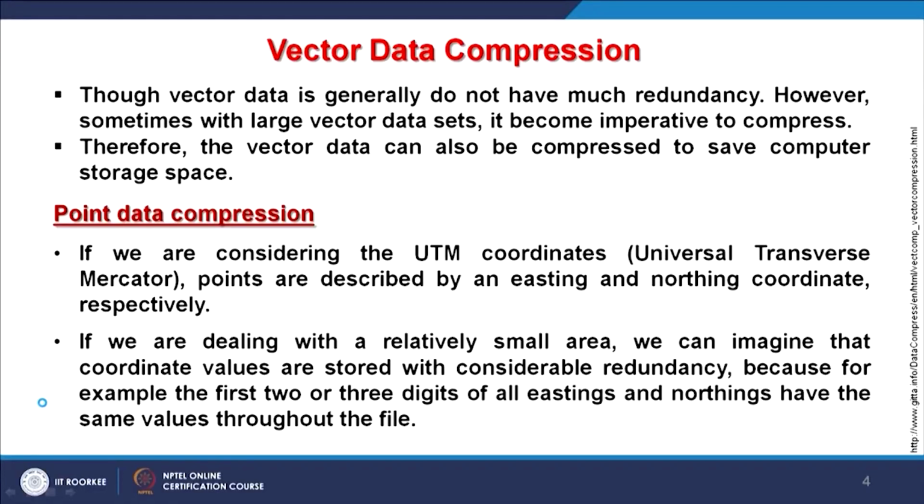Now when we are dealing with a small area and our area of interest is not big, then we can imagine that coordinate values are stored with considerable redundancy, because too detailed information is stored. Say I stored a track recorded by a GPS. GPS by default is set so that every second it will take a coordinate, and my movement, my velocity, my speed may not be that high.